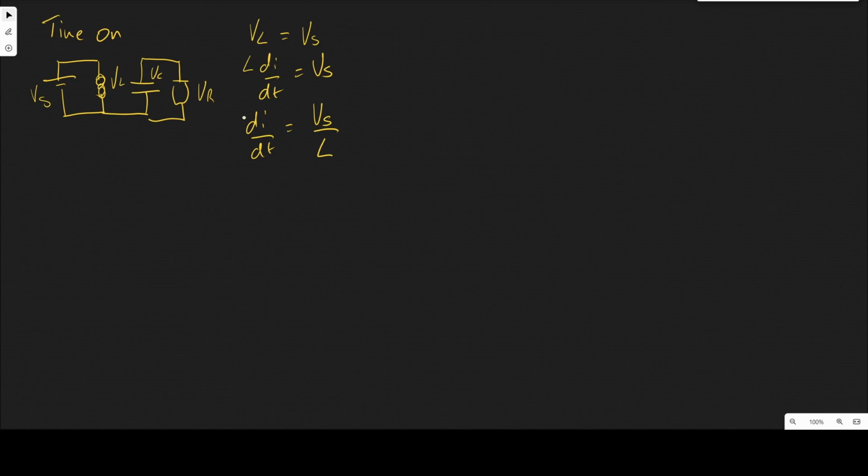Now for the right hand side, we can also write that Vc is equal to Vout, which is equal to Vr, and Ic, the current coming from the capacitor, is equal to minus Ir.